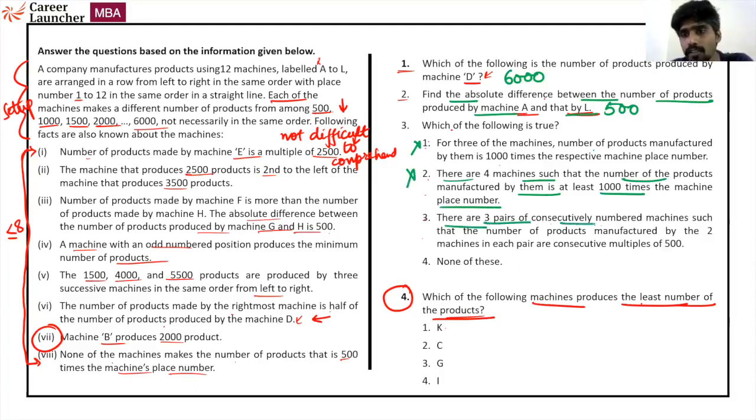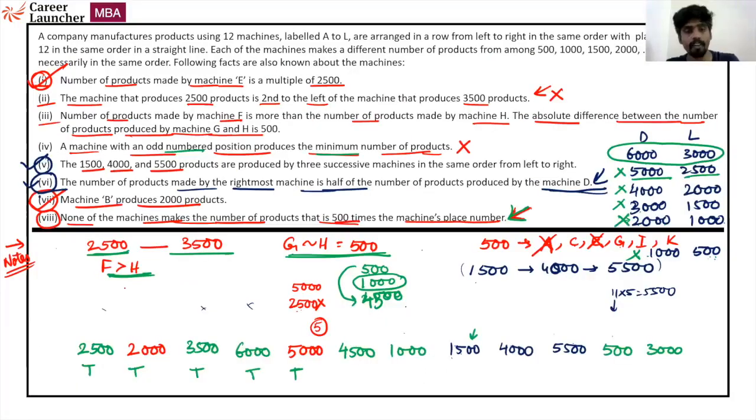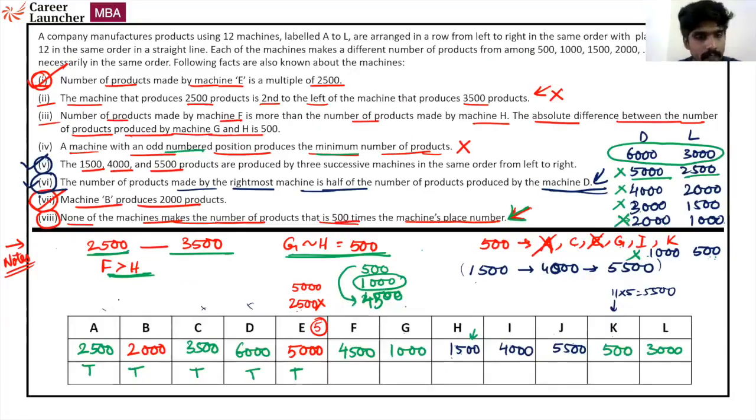There are 3 pairs of consecutively numbered machines such that the number of products manufactured by the 2 machines in each pair are consecutive multiples of 500. How many pairs are there? We have a pair A and B, 2500 and 2000. That is fine. E and F is another pair.